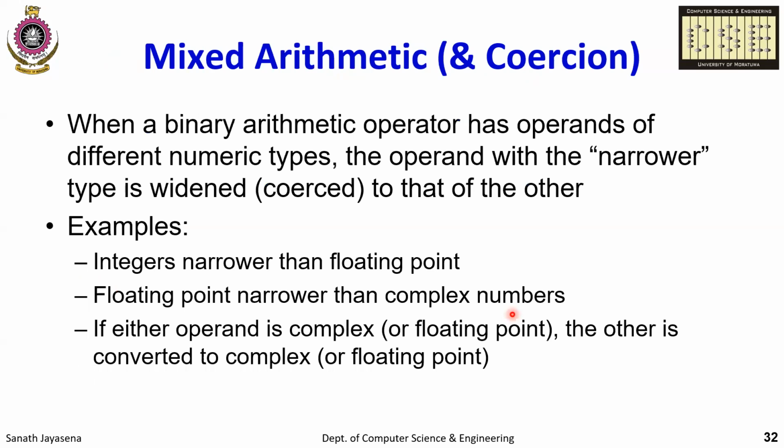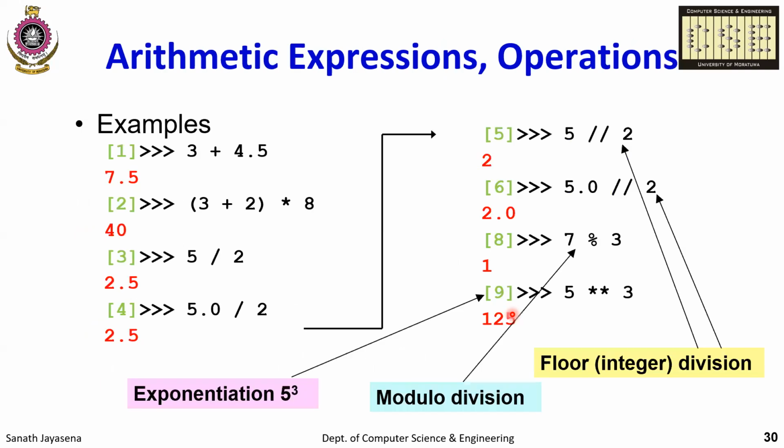Okay, what will happen if you mix operations with different types of operands? I already mentioned this earlier. In this particular example, you have a floating point as well as an integer, right?